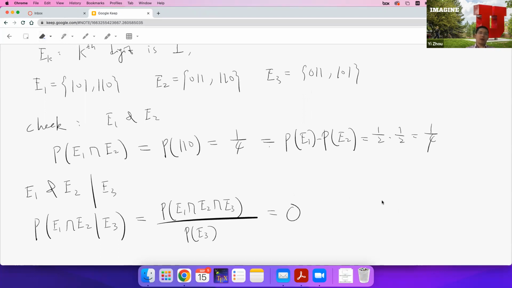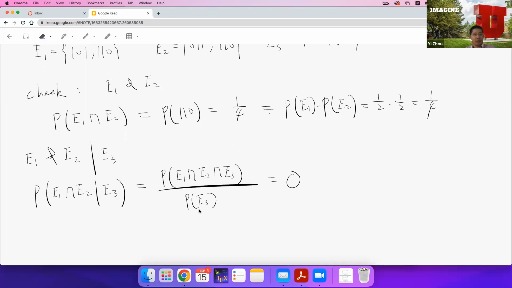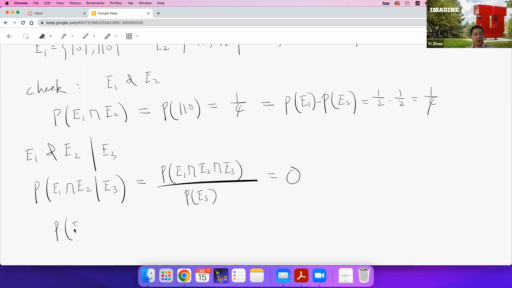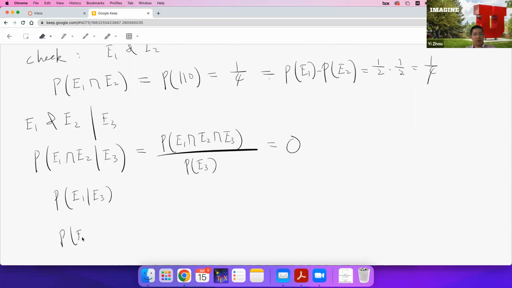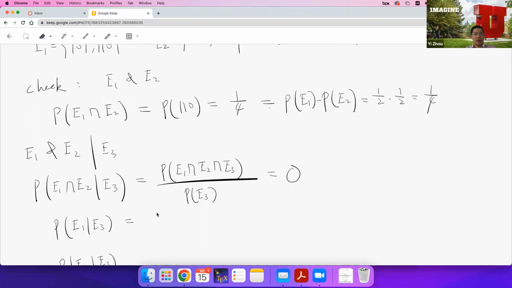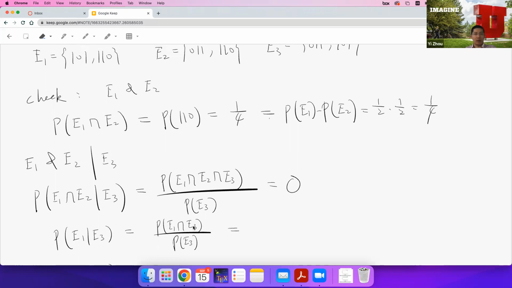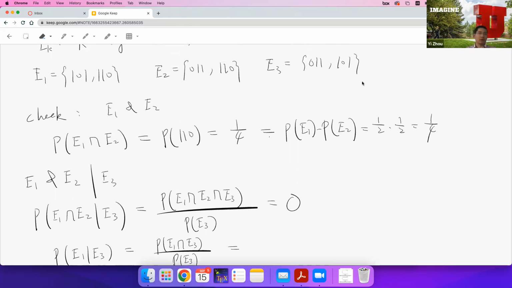But on the other hand, we still need to look at P(E1 given E3) and P(E2 given E3). This is a conditional probability. Taking the intersection between E1 and E3, I see 101 as the common element.